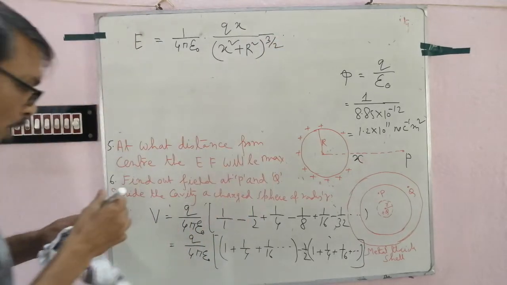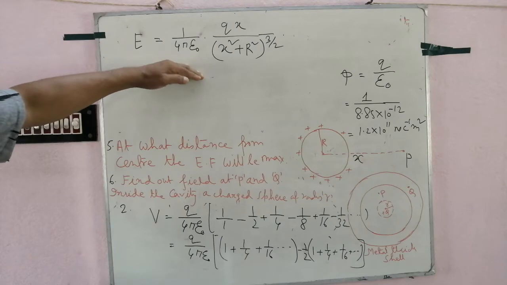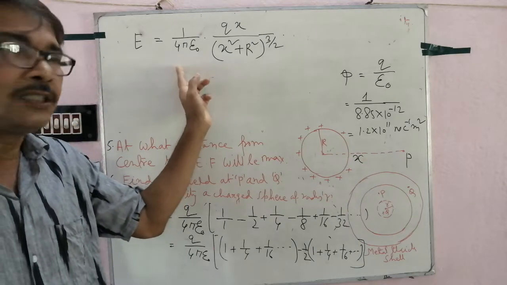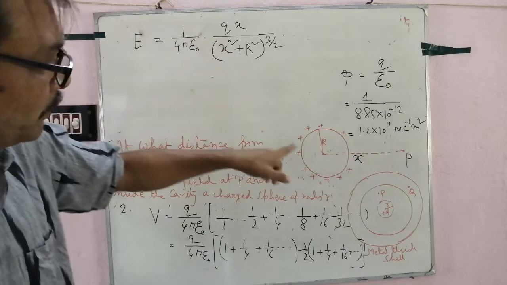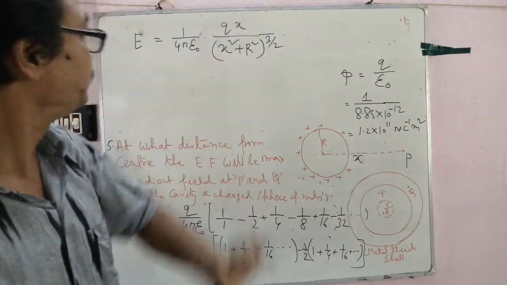Follow. From my second lecture, note it, the electric field due to a ring at a distance x from the center, we proved it.